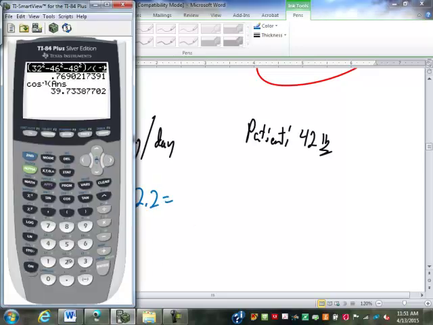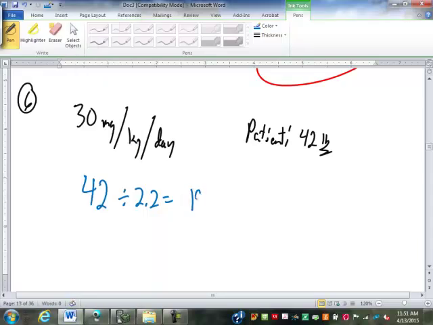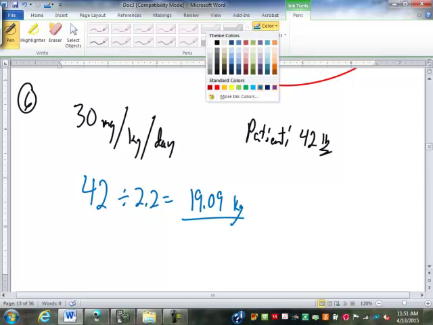kilograms. Oops, what's going on here? Let me figure things out. 42 divided by 2.2 is 19.09 pounds, or kilograms. Could have rounded to 19.1, or even sometimes they round it straight to 19. We're going to leave it as 19.09 to stay as exact as we can for now.